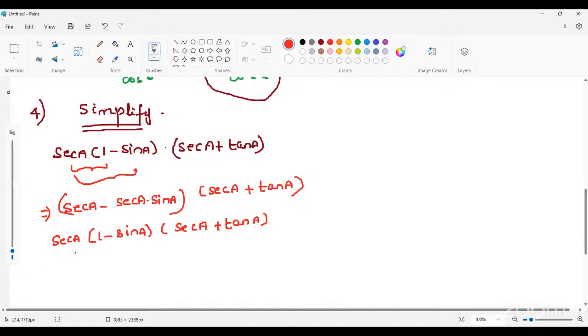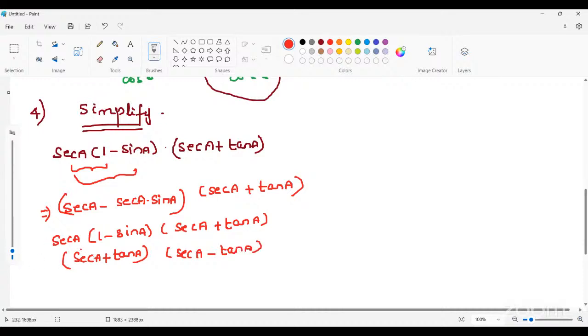So we are taking secant A plus tan A into secant A minus tan A, right?